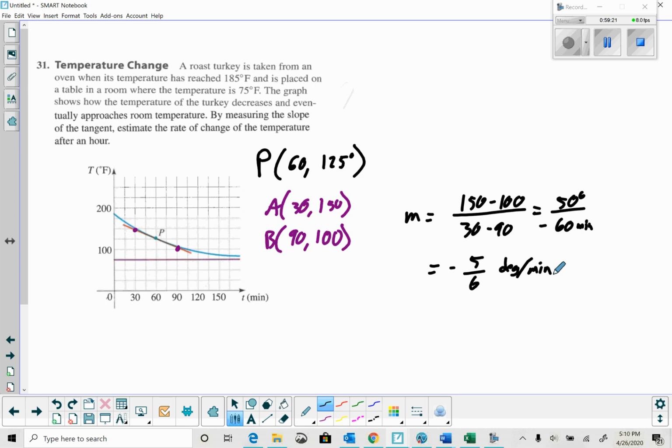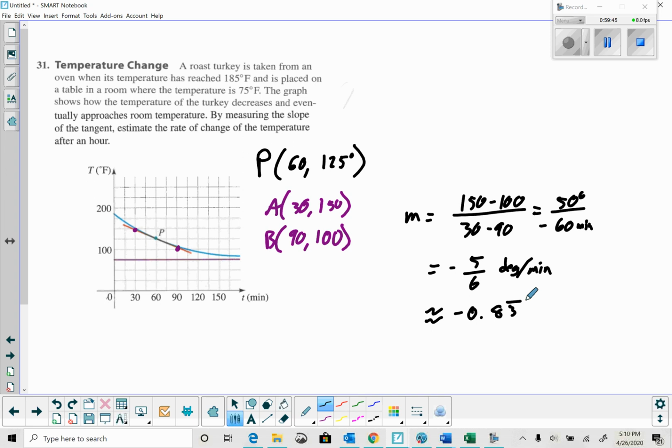Now, by using these numbers here, that's approximately 0.8333333. The authors of your book came up with a decrease, again, the rate of change with respect to time there, of 0.7.